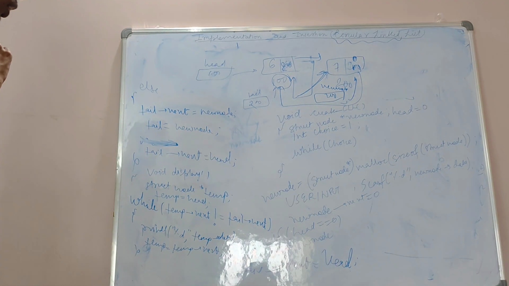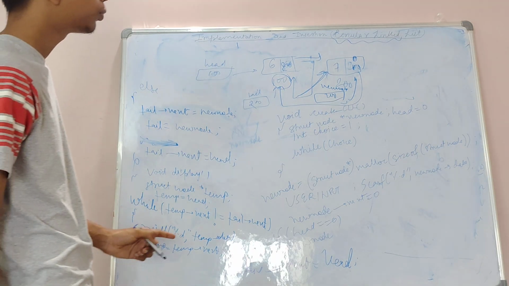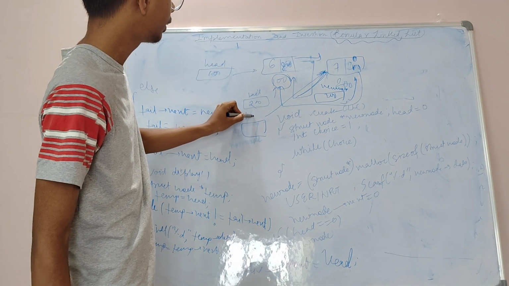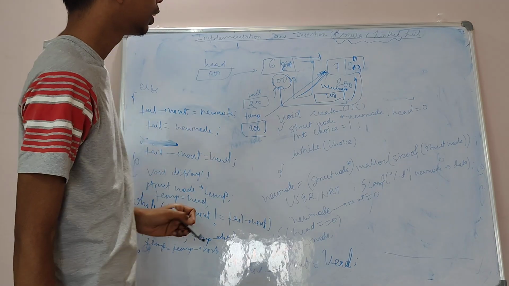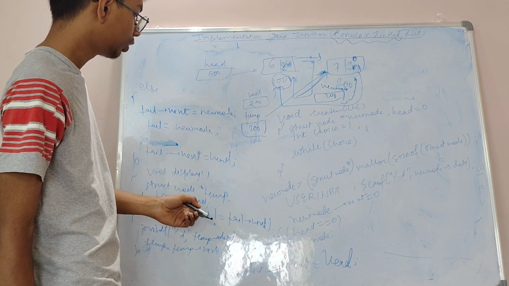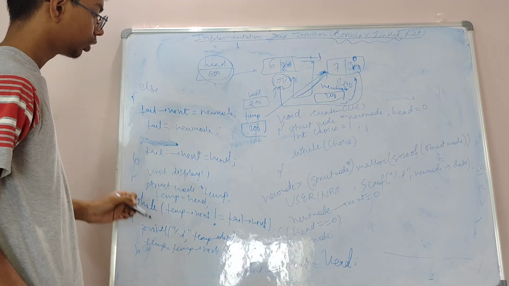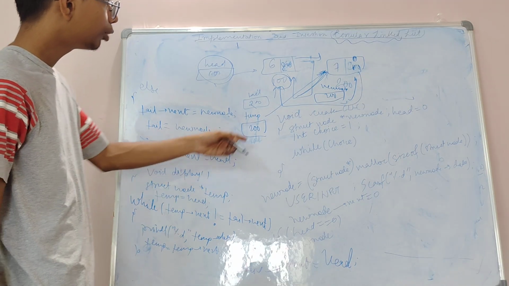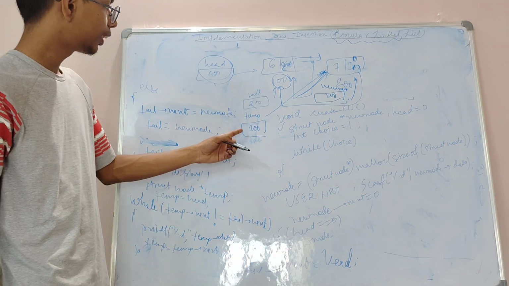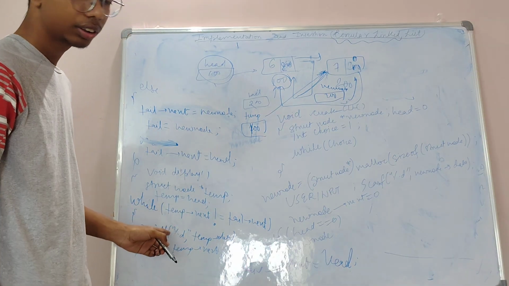So what happens? Suppose temp is pointing here at 200, and the loop continues while temp of next is not equal to head. When it points here, in the loop it will become temp equal to temp of next, that is 100.